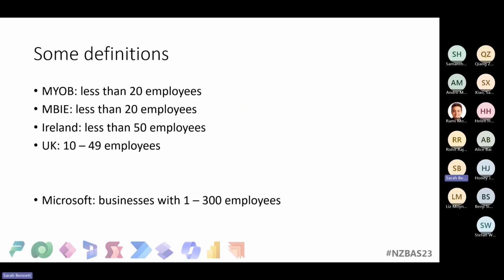There are a lot of countries that seem to define a small business as having fewer than 50 employees. But the NBIE, according to them, was 20 employees. So that's the sort of definition that I'm going with.